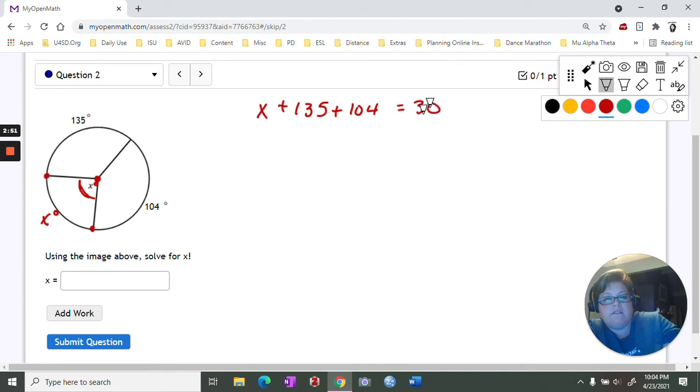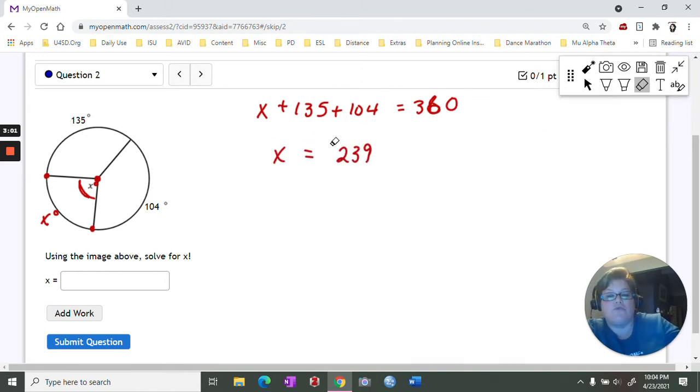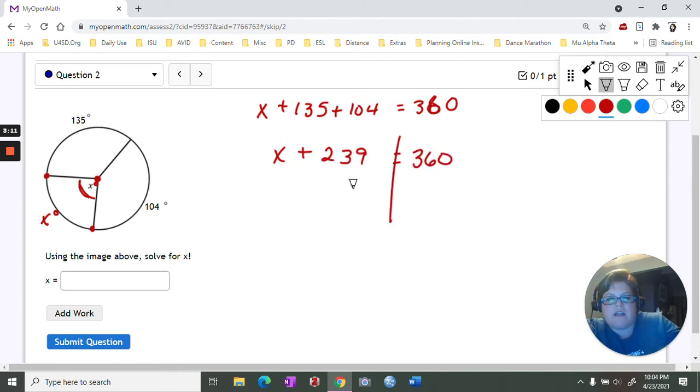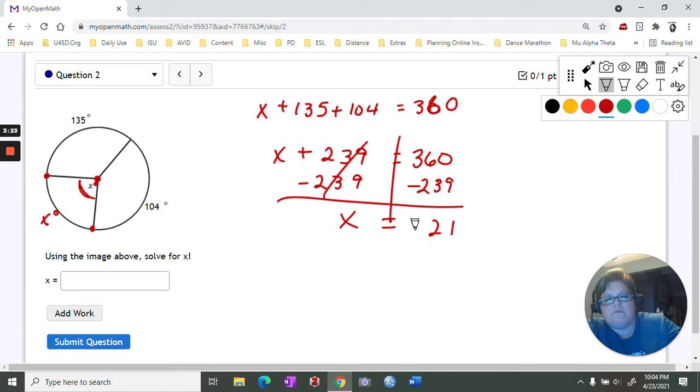135 plus 104 is 239. Then I'm going to solve for x by subtracting that from both sides, and we get x equals 121 degrees.